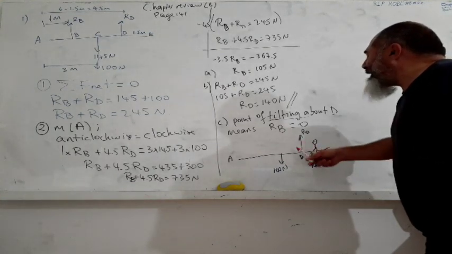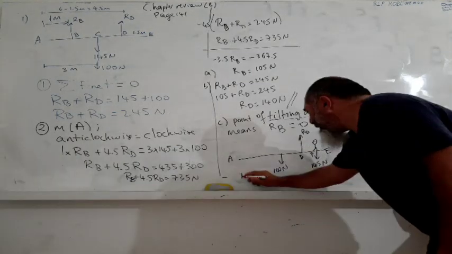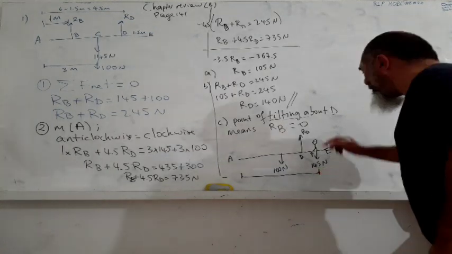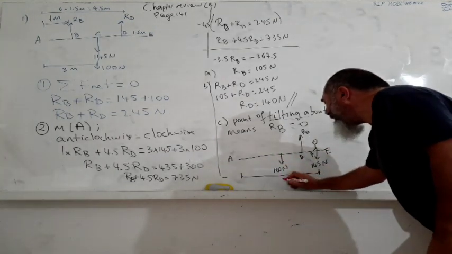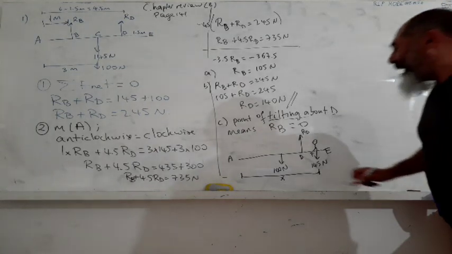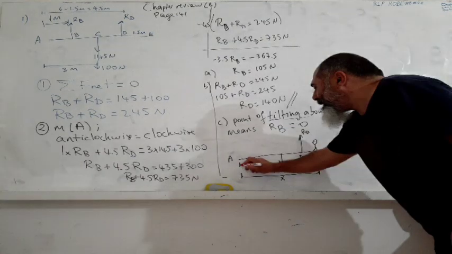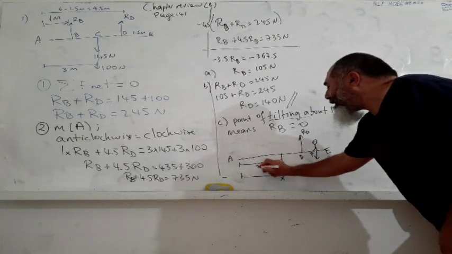So I am going to call this distance of the child from point A x. What is the distance from A to midpoint? It is 3 meters, didn't change. What is the distance from A to point D? It is 4.5, already calculated.